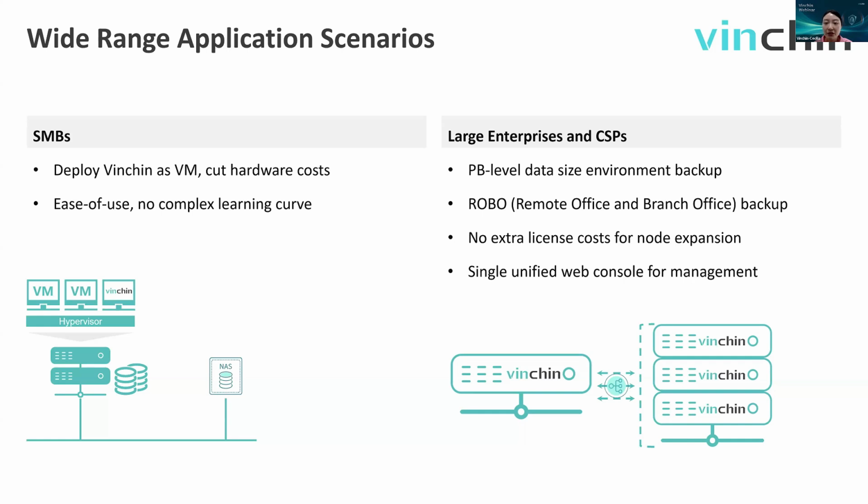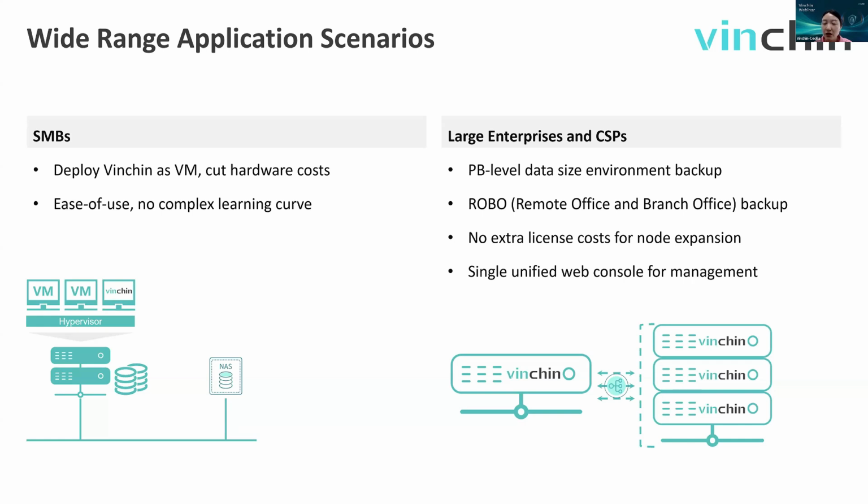And for the large enterprise, Vinchin is capable of providing backup and recovery solutions to PB level data size environment. You can just simply deploy multiple nodes, as I mentioned before, and connect the nodes with the Vinchin backup server.